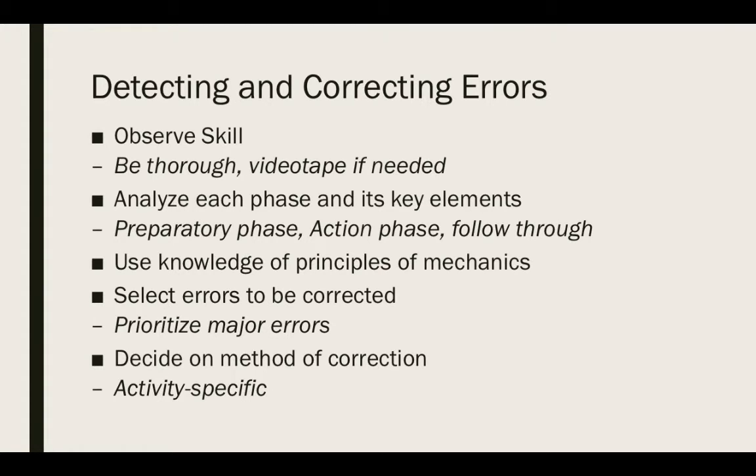You have to select the errors to be corrected and prioritize major errors that affect the larger aspects of the motor skill. When correcting for an error, you have to decide on a specific method of correction, and the correction should be activity specific.